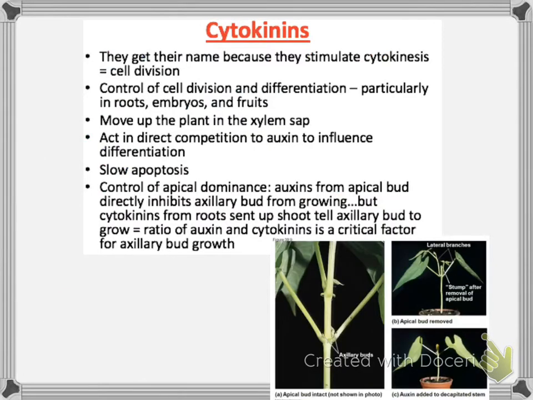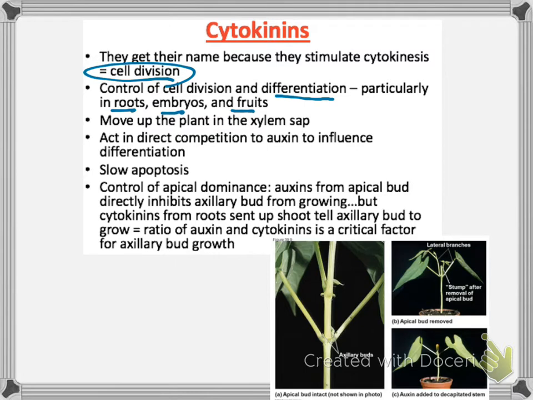So cytokinins are a class of growth substances that promote cell division. They also help with differentiation, so the plant can have different types of tissues. Cytokinins are also involved in maintaining the meristems.